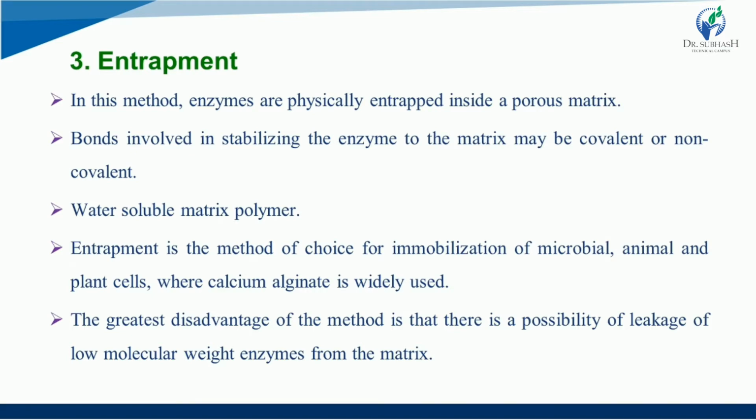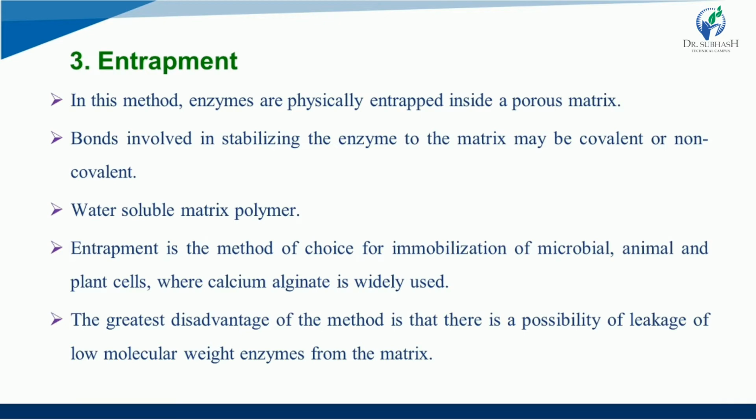Before I go further, I would like to say that for different enzymes, there will be different form and nature of the matrix, right? So when you change the enzyme, the matrix nature also changes. Pore size of the matrix is adjusted with the concentration of polymer, so that loss of enzyme is prevented.